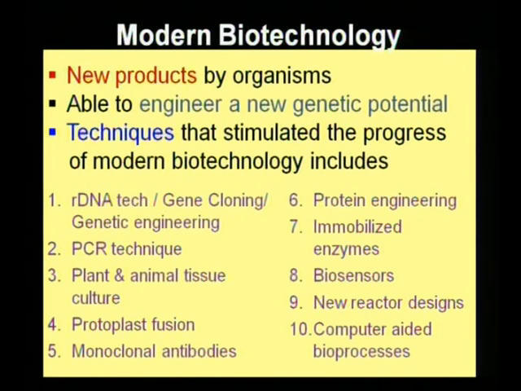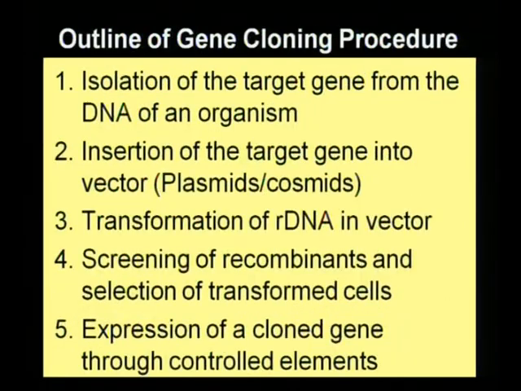That means we can create a new organism, a new cell with new genetic capacity. Techniques that have stimulated the progress of modern biotechnology include recombinant DNA technology, gene cloning, PCR technique, plant and animal tissue culture, protoplast fusion, protein engineering, biosensors, new reactor designs, and computer aided bioprocesses. So these are the different modern biotechnological techniques.